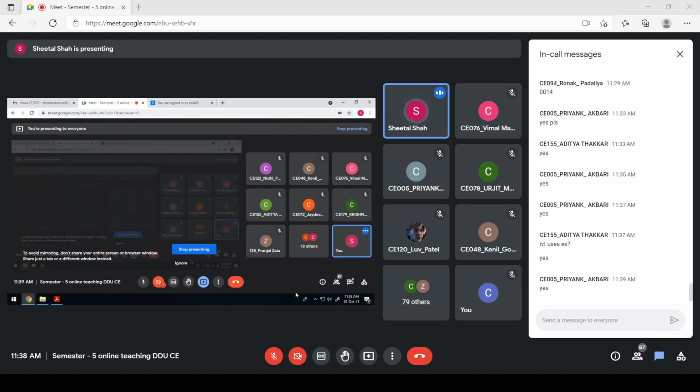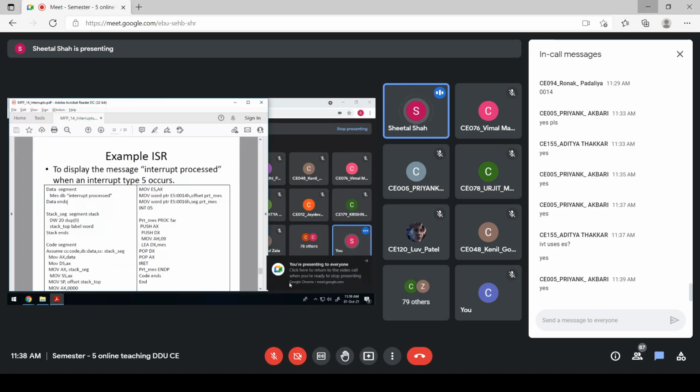Okay. And if I'm using interrupt 0, if I'm writing the interrupt service routine for int 0, in that case I need not mention this int 0, int 00. So if I'm trying to divide a number by 0, in such case the interrupt would be automatically generated.